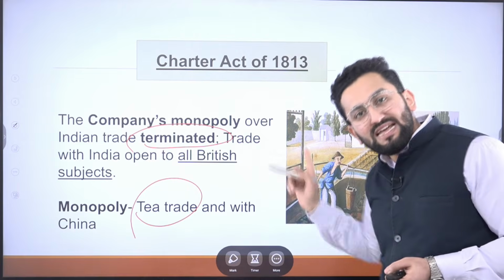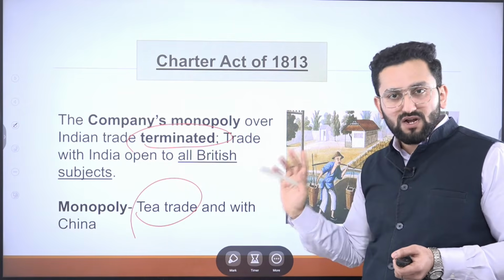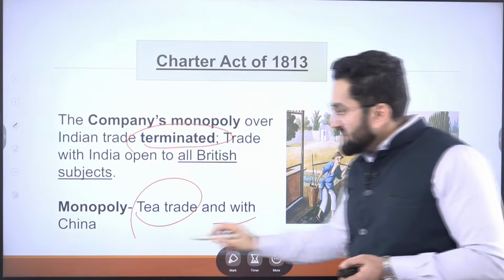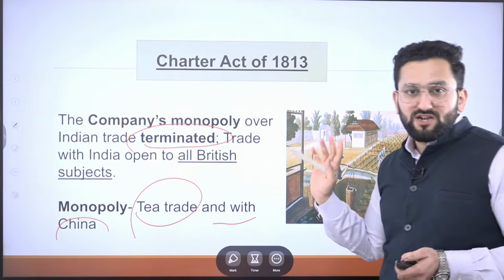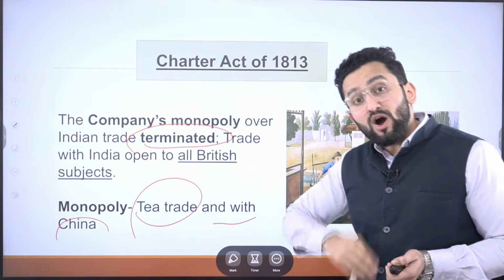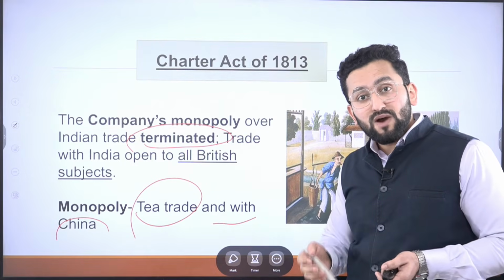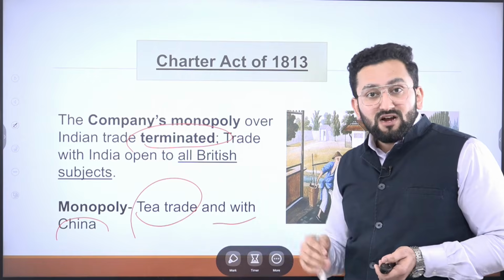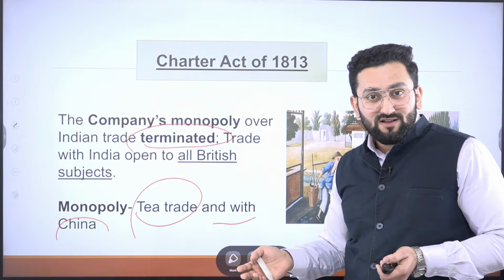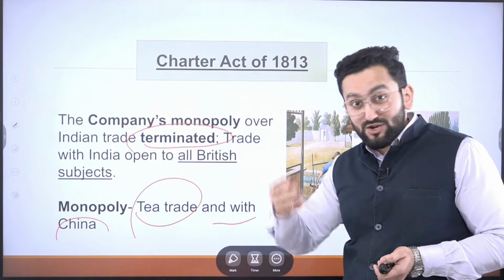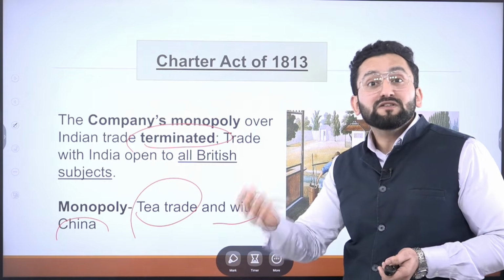In tea trade, only the English East India Company, this private company, will continue in the Indian Peninsula. And with China also the EIC will continue. Otherwise, now other private British companies working under the British Empire started coming to India to fulfil their trade interests, because they were suffering huge losses due to the Continental policy of Napoleon.